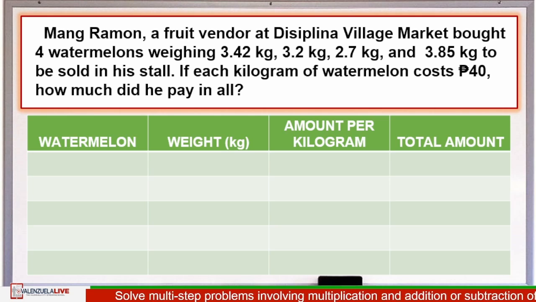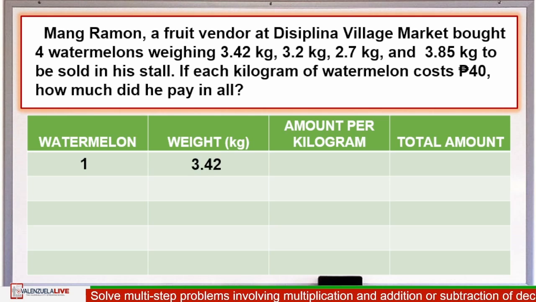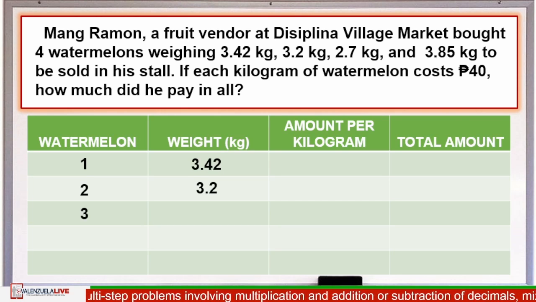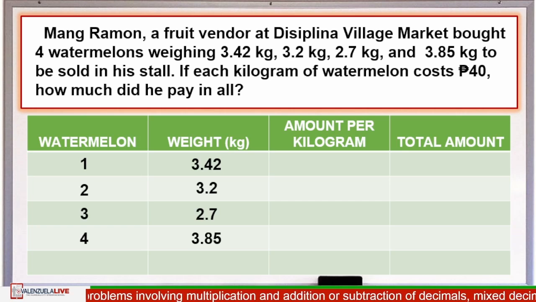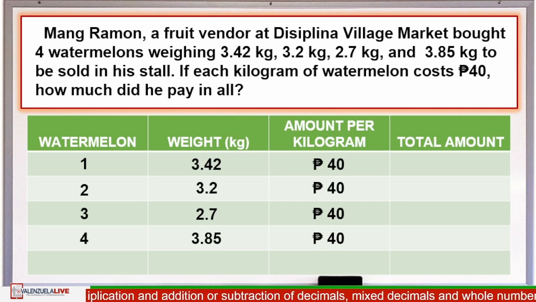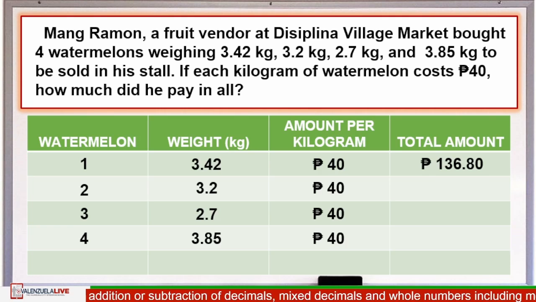The weights of the 4 watermelons are 3 and 42 hundredths kilograms, 3 and 2 tenths kilograms, 2 and 7 tenths kilograms, and 3 and 85 hundredths kilograms. To find the amount of each watermelon, we multiply the weight of the watermelon and the amount. 3 and 42 hundredths times 40 pesos is equal to 136 pesos and 80 centavos.